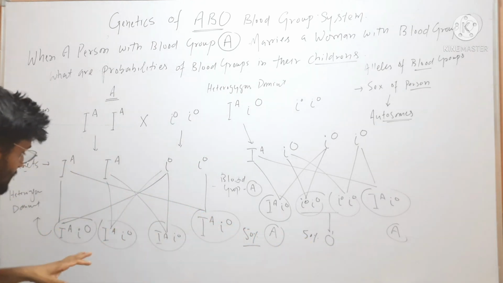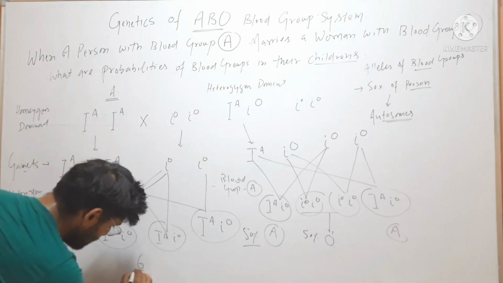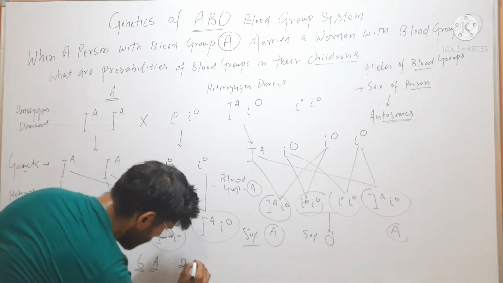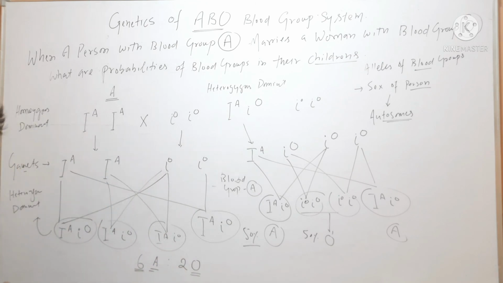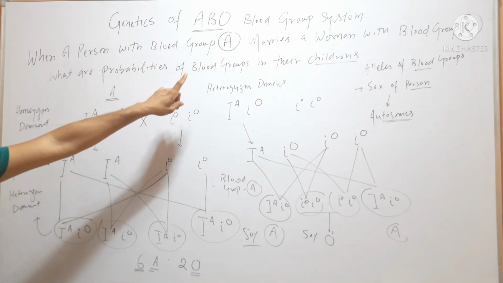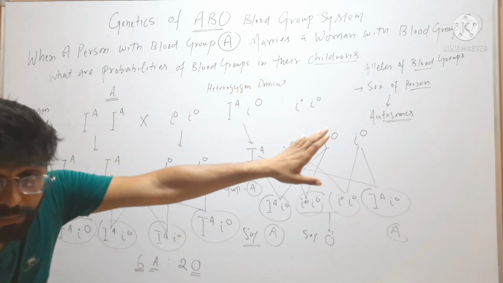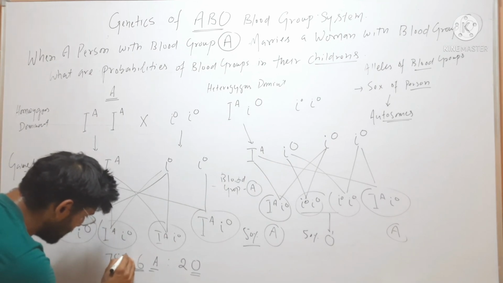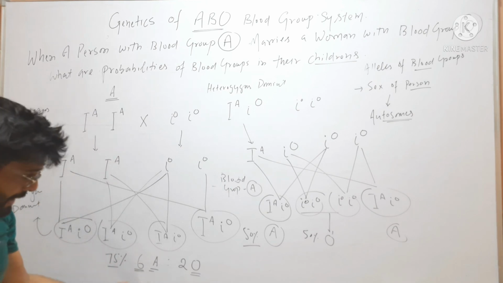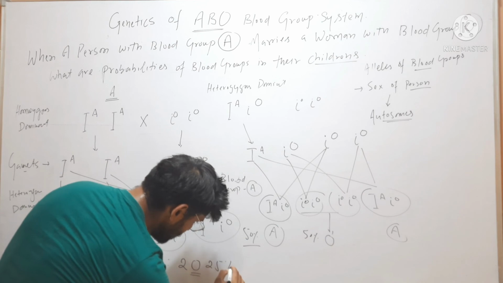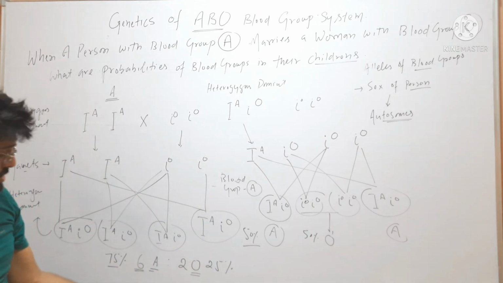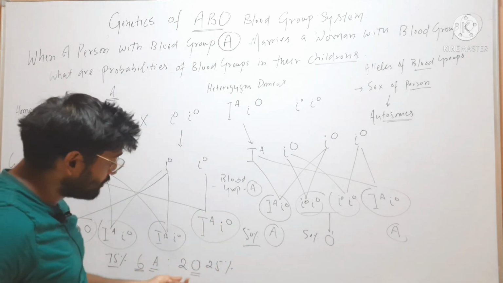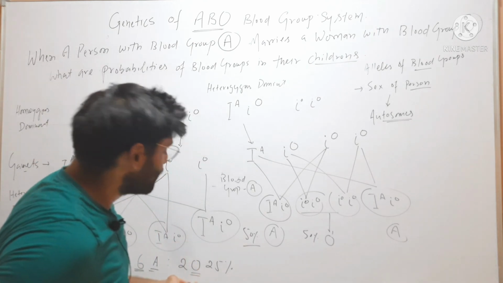Out of 8 progenies, 6 have blood group A and 2 have blood group O. So when a person with blood group A marries a woman with blood group O, there is a probability of 75% of having blood group A and 25% of having blood group O.